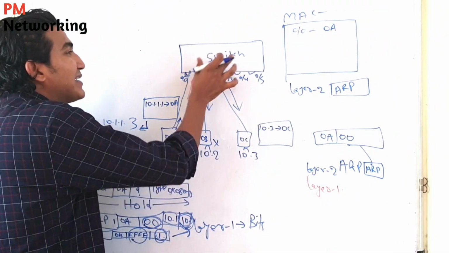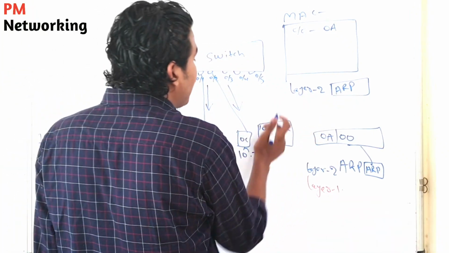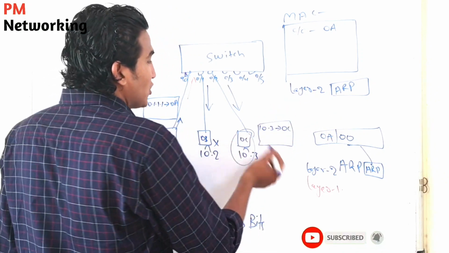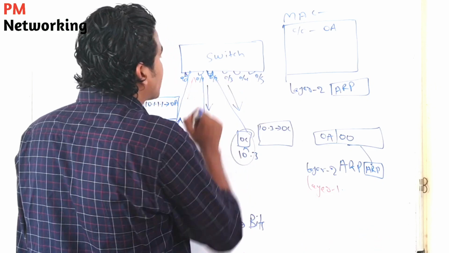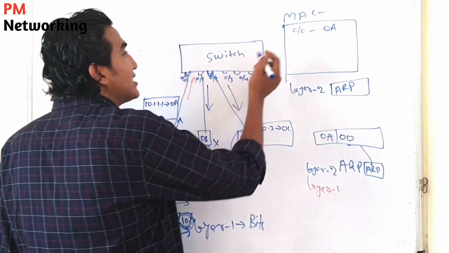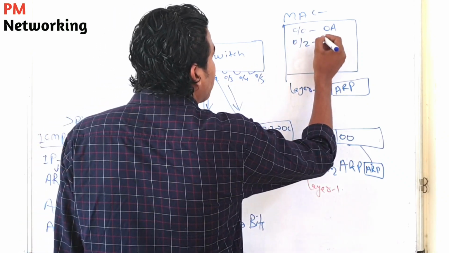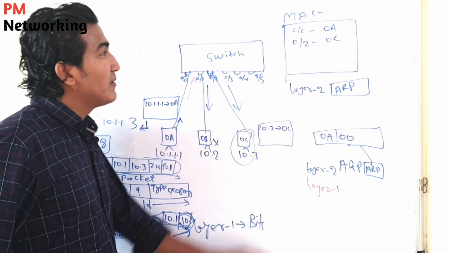So there is one entry in its MAC address table now, right? Now this PC will generate the ARP reply. So when the ARP reply is received at this interface of the switch, it will again make an entry in its MAC address table that on 0/2 there is a PC connected whose MAC address is 0C, right?